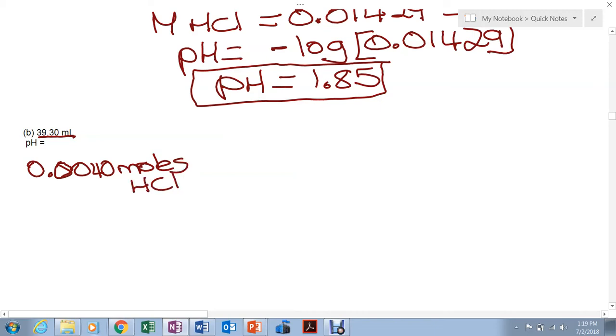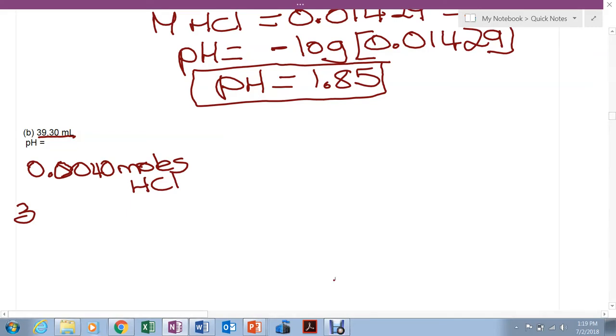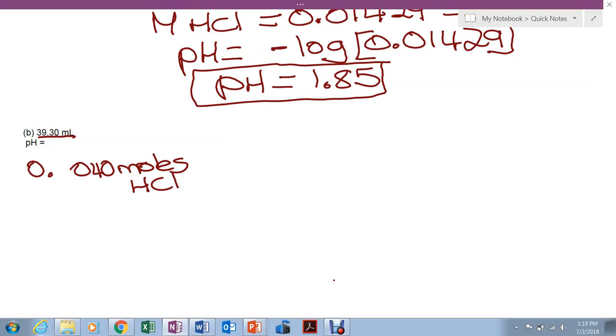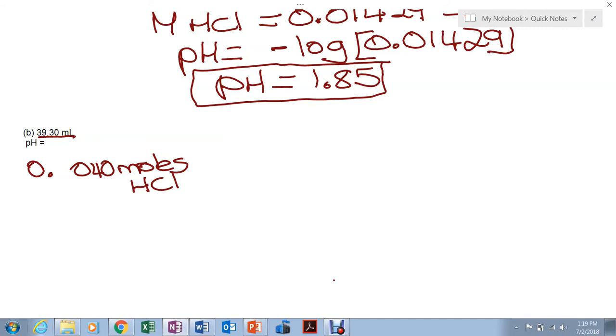And you got here added 39 milliliters. It's going to be 0.03930 liters of NaOH.